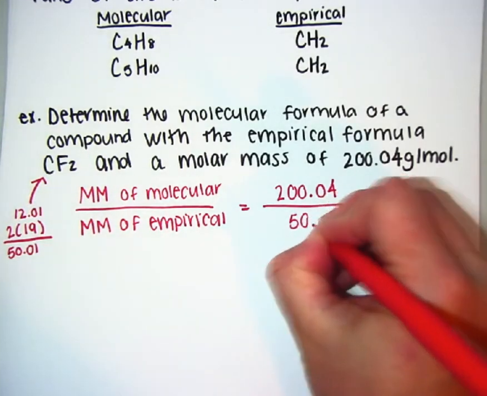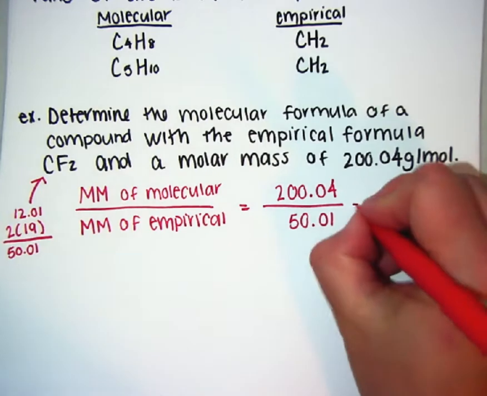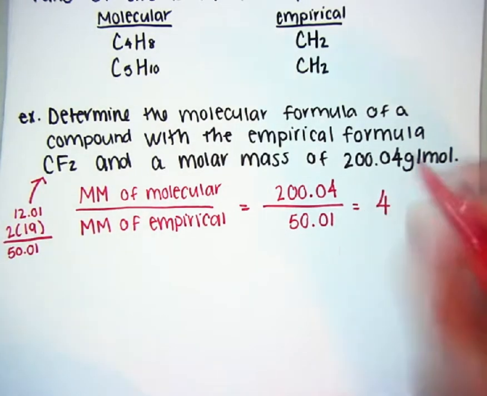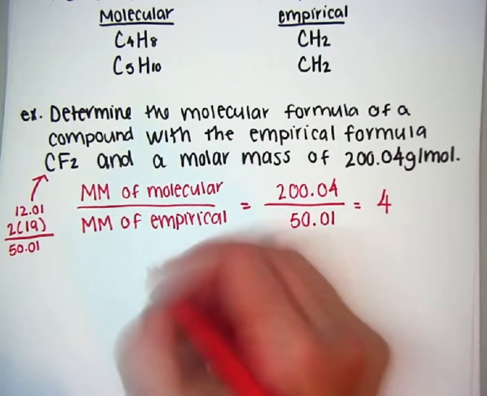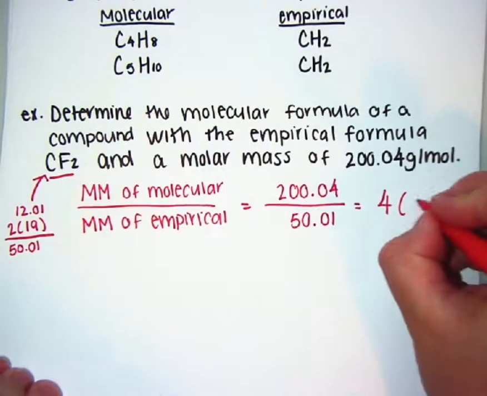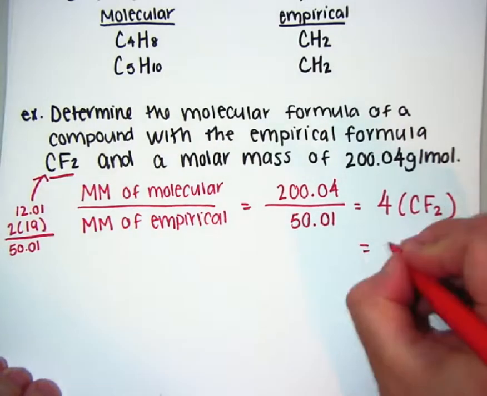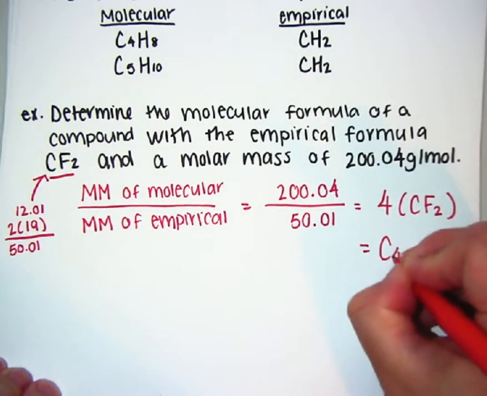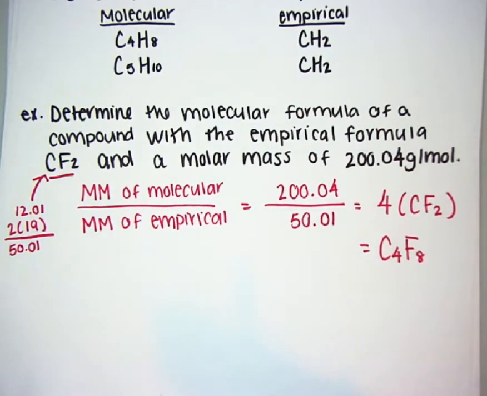So if we take the molecular molar mass and divide it by the empirical molar mass, you should get a whole number or a number very close to a whole number. So now all we have to do is take this number and multiply the empirical formula by it, which would give me 4 carbons and 8 fluorines.